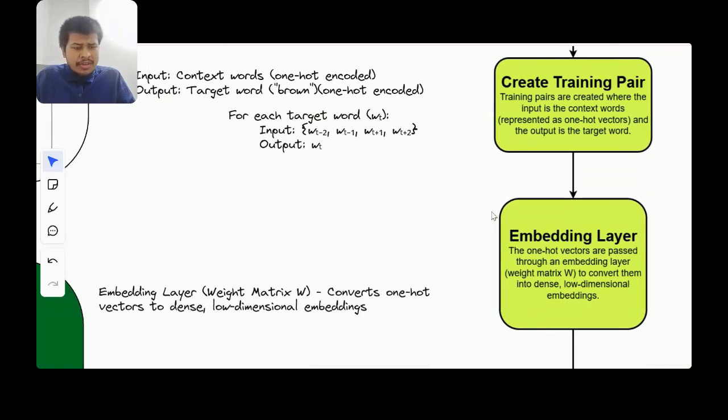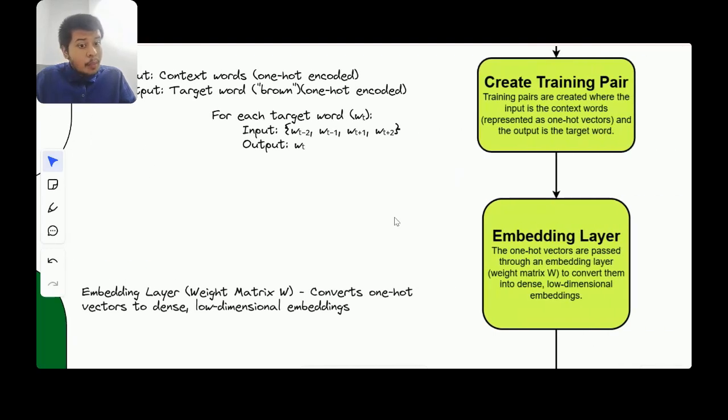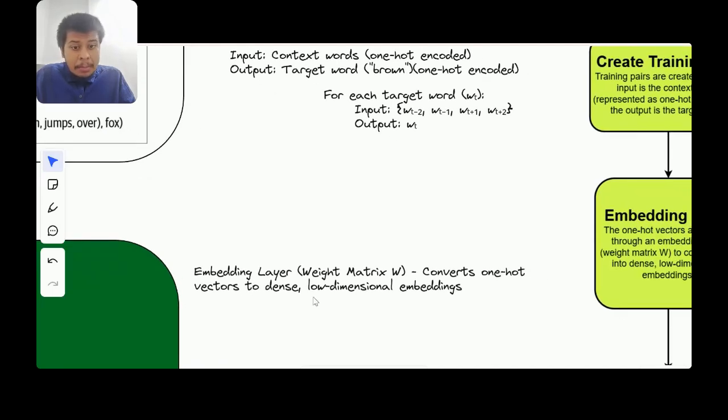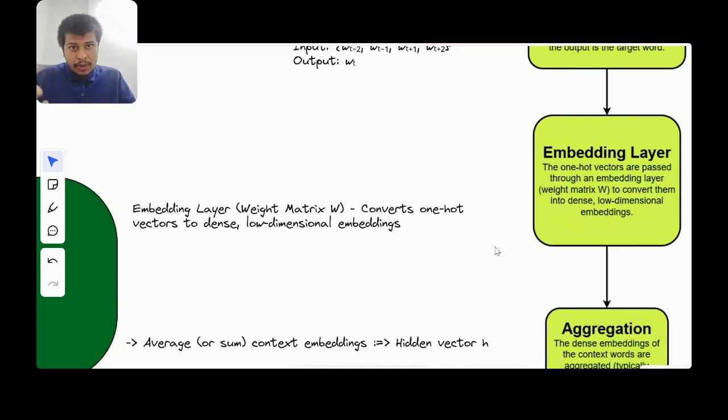Fine. So now we'll move on to the next step, that is your embedding layer. So here what happens, you first convert all of these words into their one-hot encoded vector forms. Then we multiply each of the words with their weight matrix W, to convert them again into the low dimensional dense embeddings. Like I told you before, we had a transformation function.